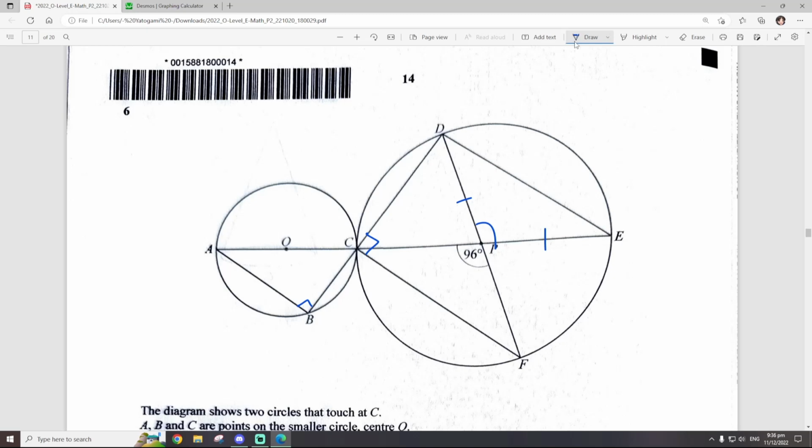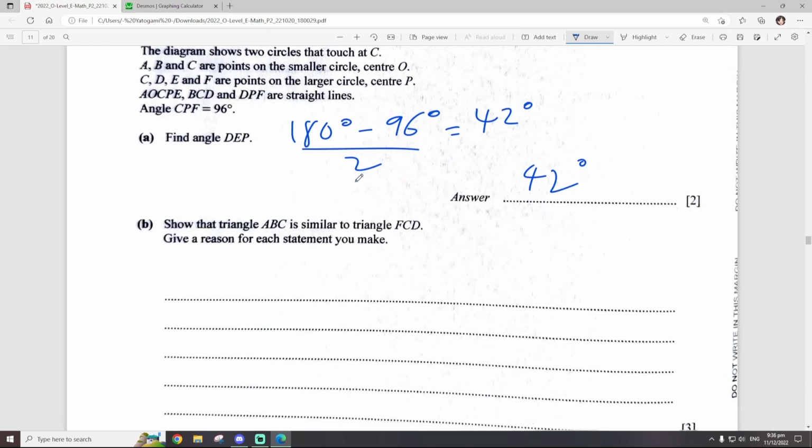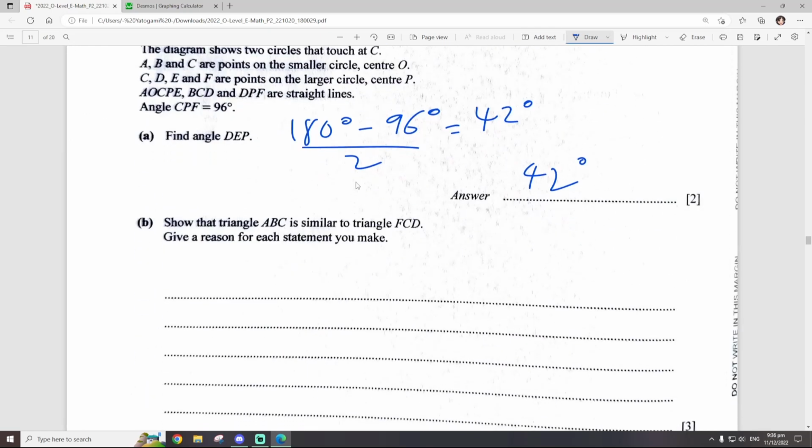And we also need to show that this angle and this angle are the same, and this angle is also the same. So let me just write this using the same kind of thing. Okay, and that's what we're going to prove. Don't worry, because I will go through it. So we have ABC and FCD are right angles because of right angle in a semicircle.